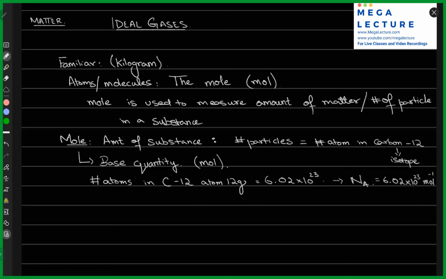So this statement is telling you that one mole of carbon atoms, or the carbon 12 isotope, has 6.02 times 10^23 carbon 12 atoms in it, which has a mass of 12 grams, right? So does this make sense?